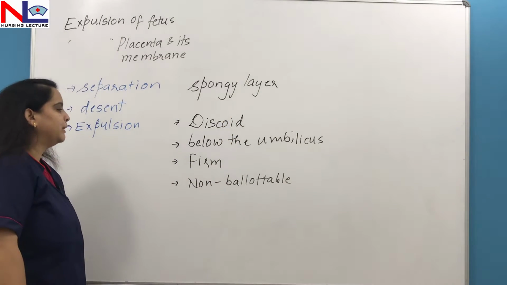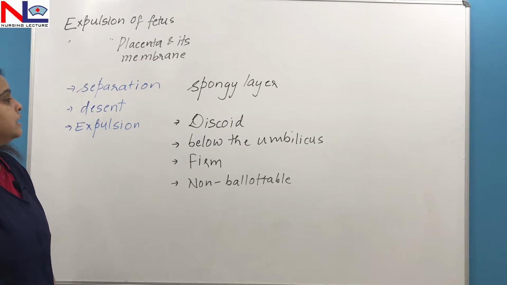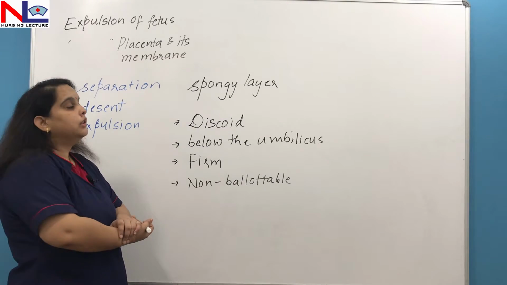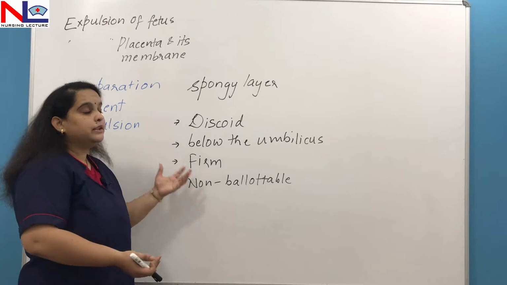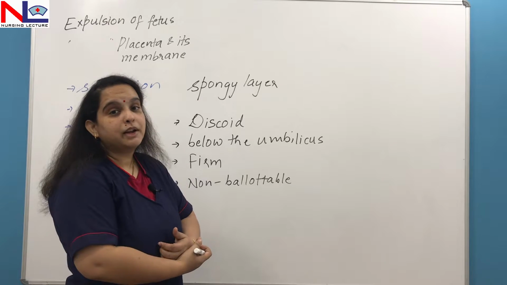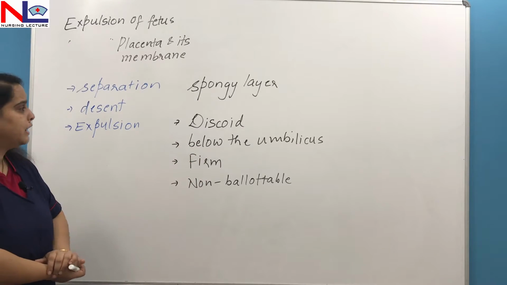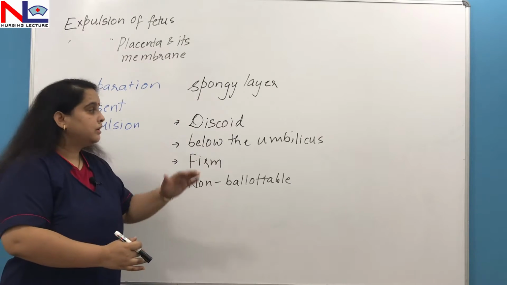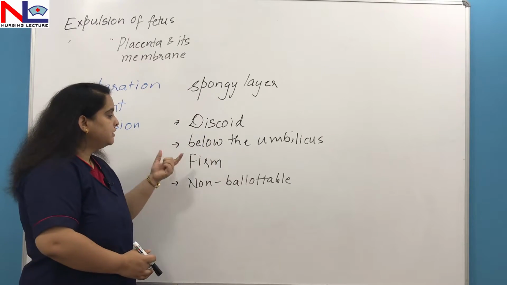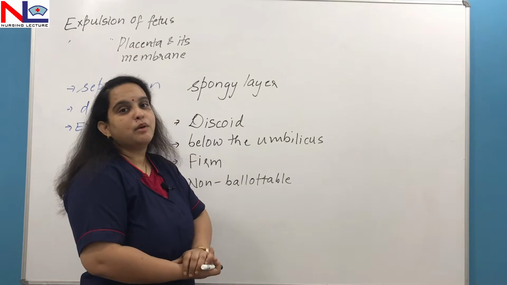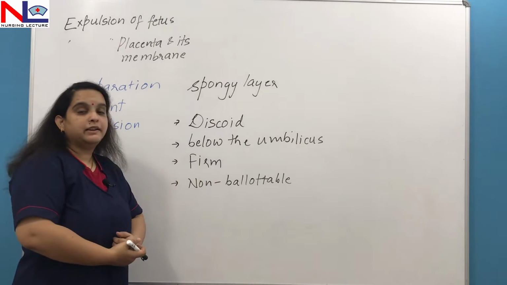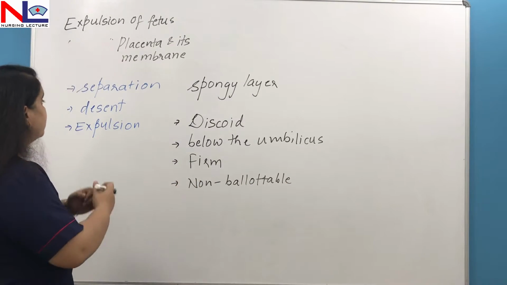So this is called a non-ballotable uterus. So before separation, what we can find is that the fundal height becomes discoid in shape, and once the fetus is expelled out, the height goes slightly below the umbilicus, and once you feel the abdomen, it feels firm and it is non-ballotable, right?